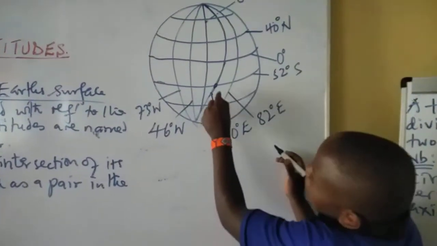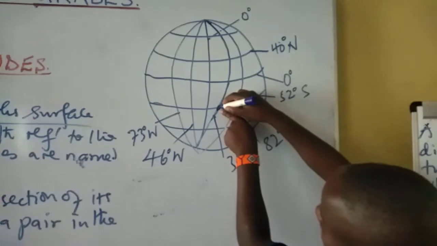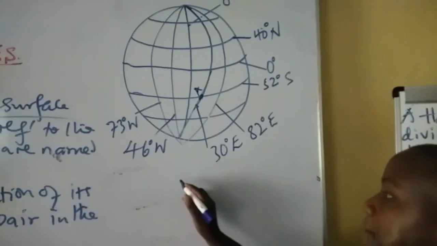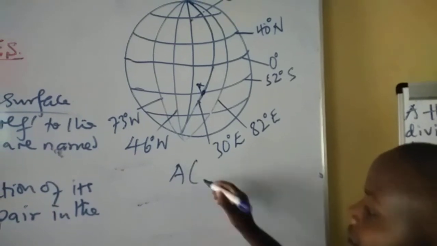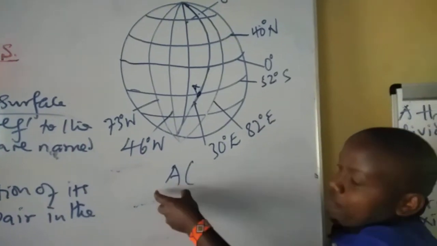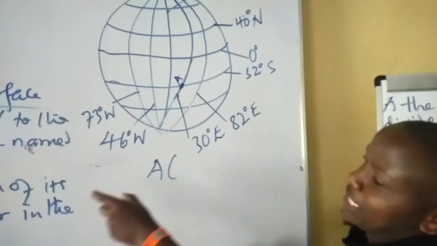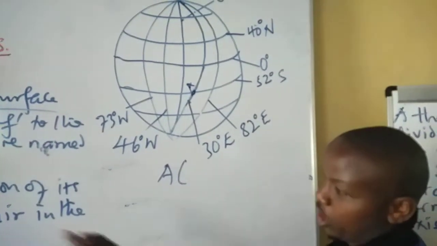Therefore, if we call this intersection point A, then the position of town A will be given, in this order, latitude, longitude.